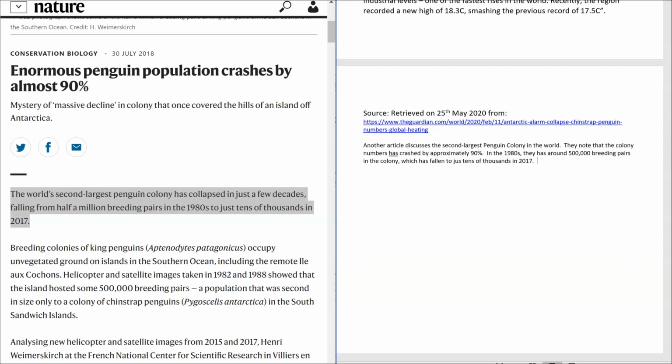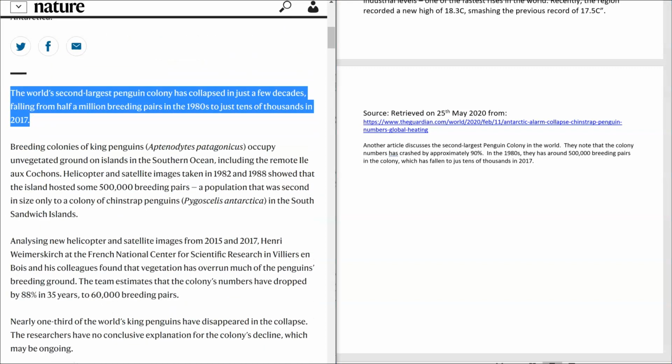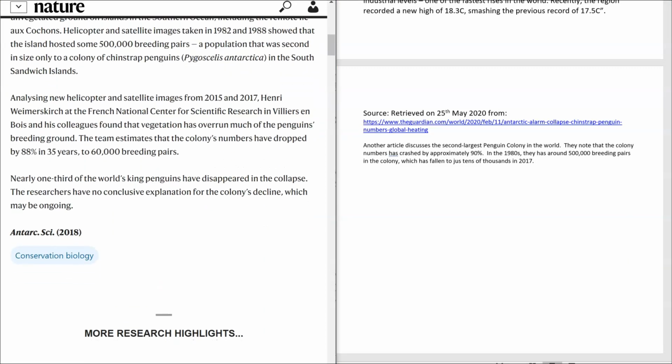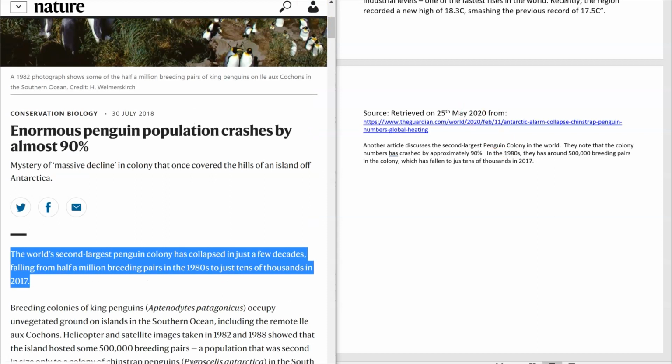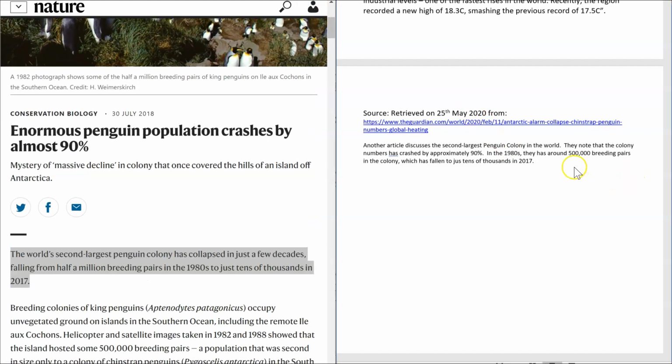So that's a huge, huge drop. And again, that kind of confirms what we've already discussed. So we're going to wrap it up.